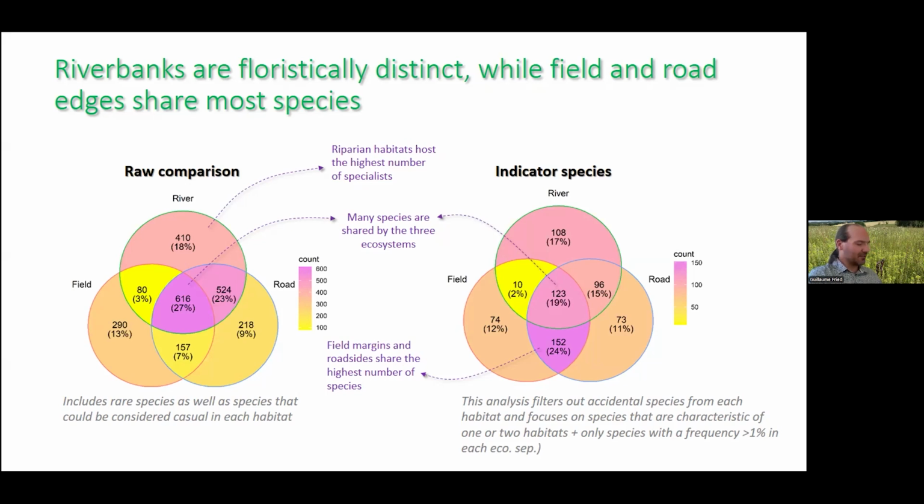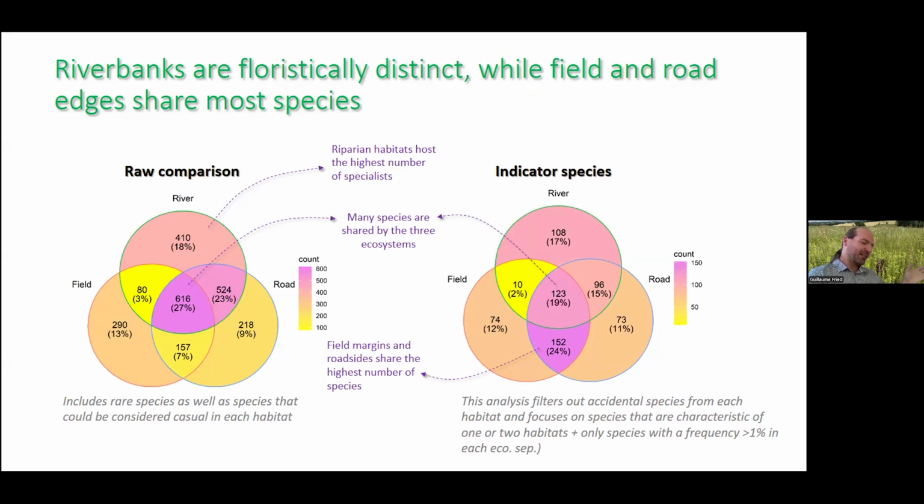Second, we can also see that many species are shared between the three habitats. It was one of our first hypotheses. It is about a third of the species if you take the raw comparison, and a fifth of the species with the indicator analysis.